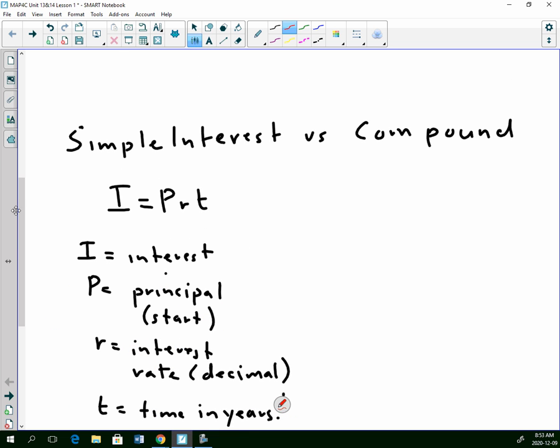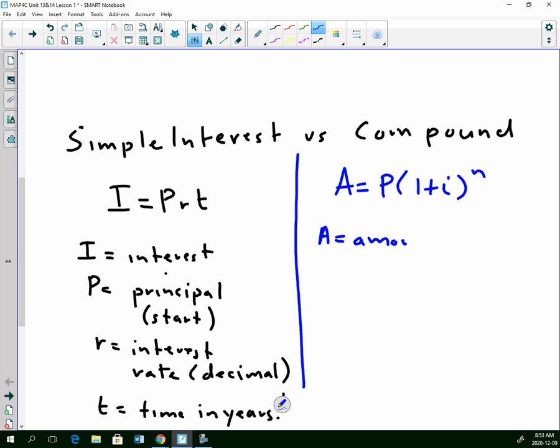Compound interest is A equals P(1 plus I) to the n. A is the amount, being the original amount that you started with plus the interest added on, which is different than simple interest.